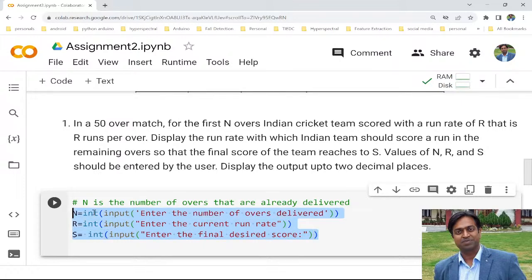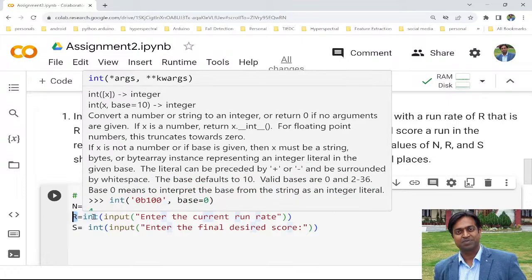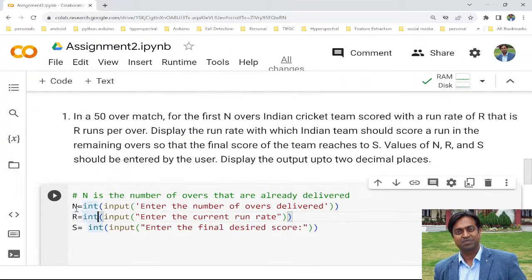Having these things, now we need to write a mathematical formula. Now how can we get the total number of runs that the team has scored till now? Run rate is simply how many runs the team has scored per over, means if n overs are delivered, then the total runs will be r into n.